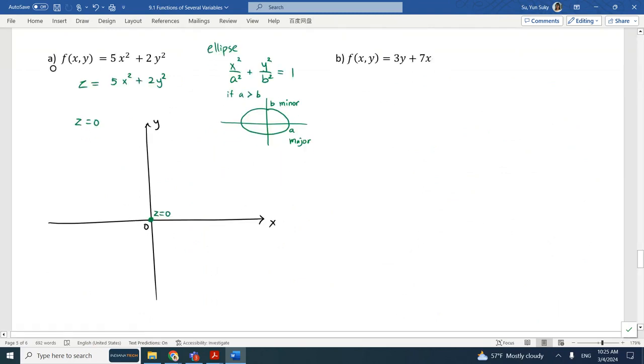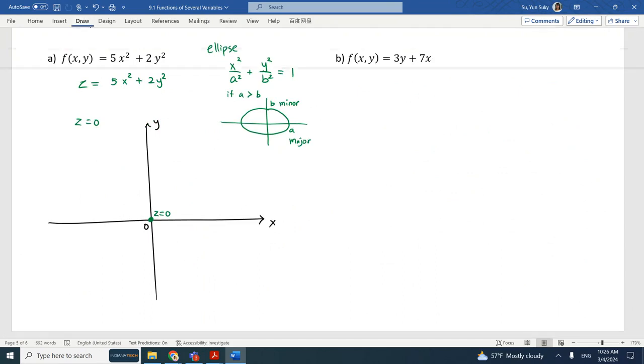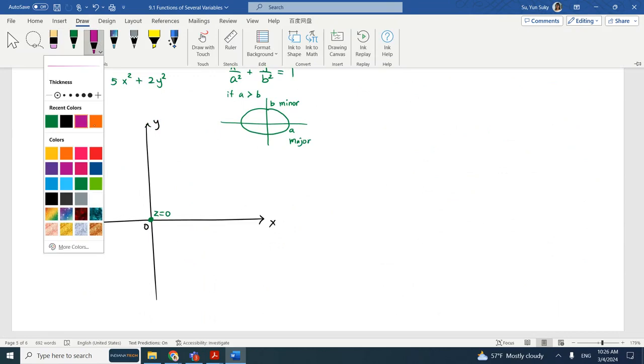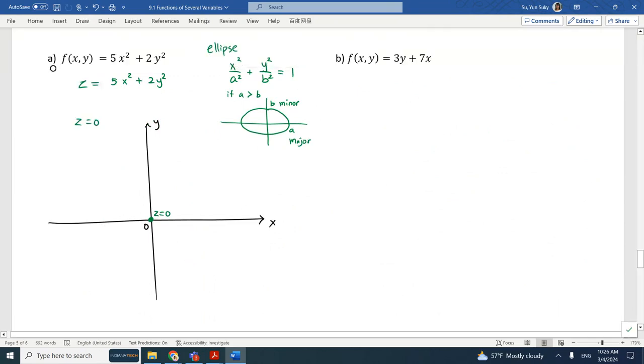Okay. And then how about when z is not 0? Okay, when z is not 0, let's change to the standard form. You see in the standard form, the number on the other side is 1. So let's divide both sides by z. We get 5x squared over z plus 2y squared over z equals 1.